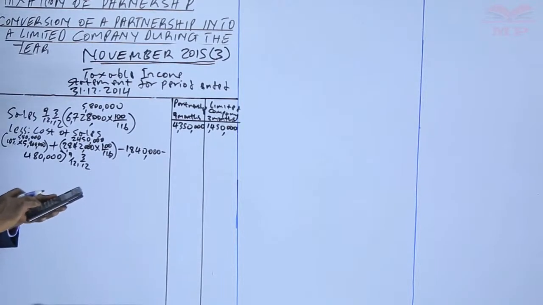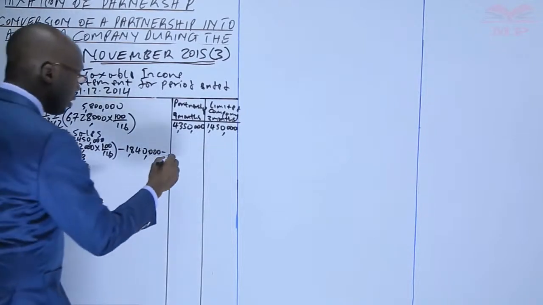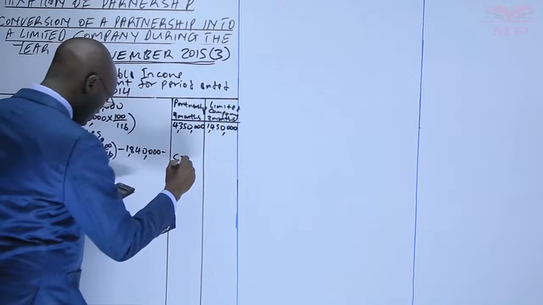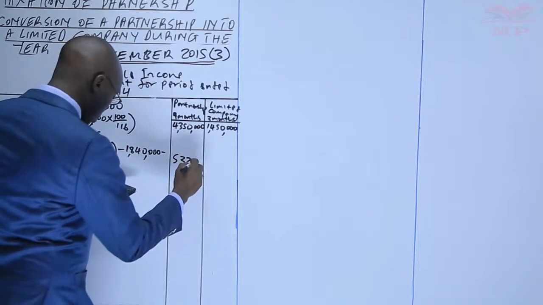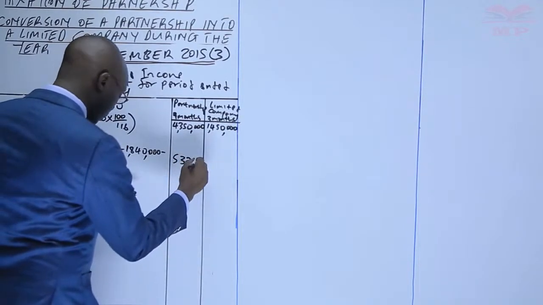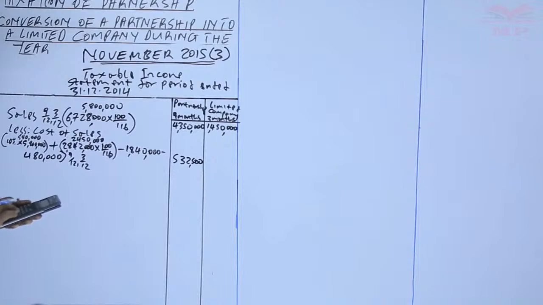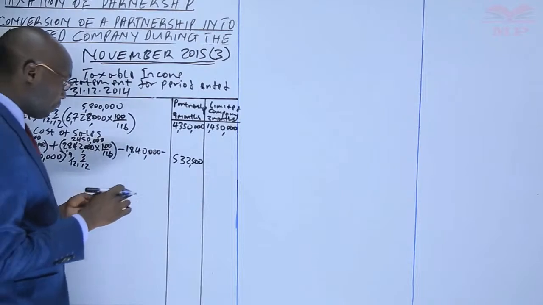And then we multiply by 9, divide by 12. 532,500. And then the other one is going to be 710 times 3 over 12. That gives us 177,500.